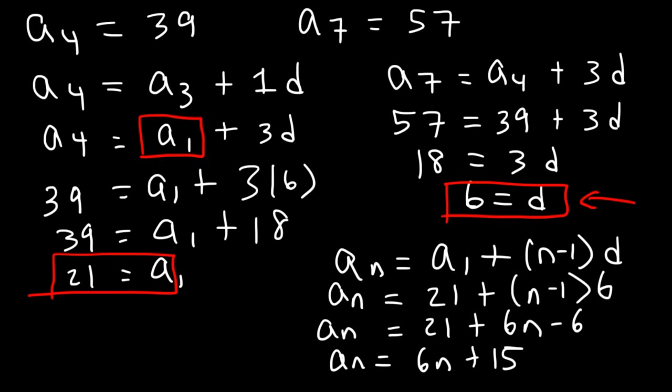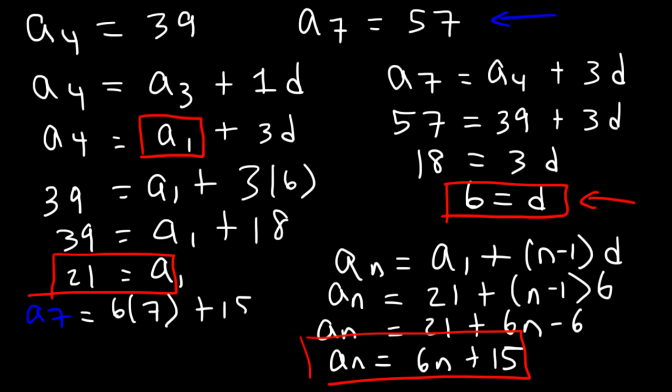So this is the formula: 6n plus 15. And we can check it. Let's calculate the seventh term. So a of 7 is going to be 6 times 7 plus 15. 6 times 7 is 42. 42 plus 15 is 57. So it works.